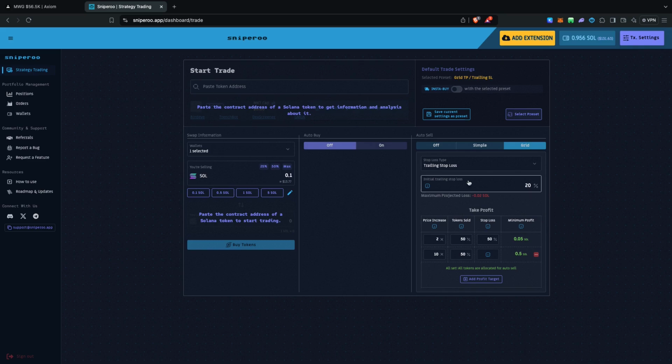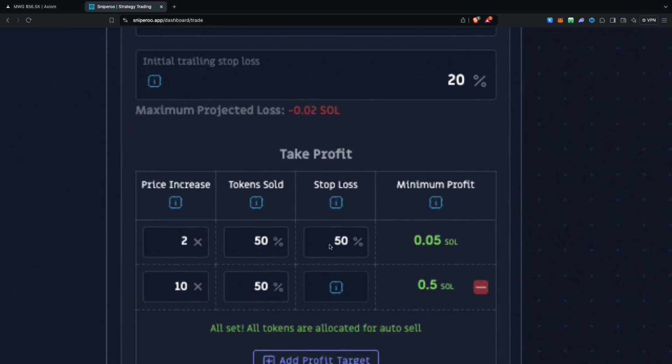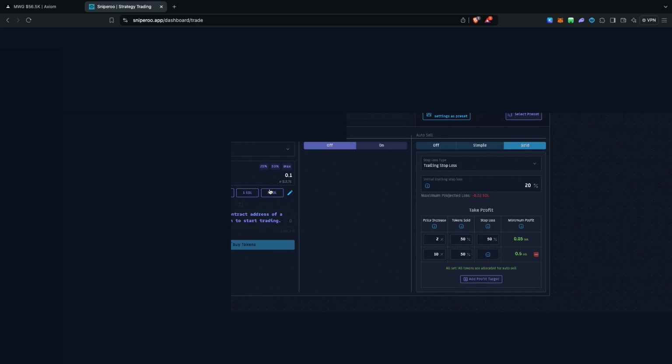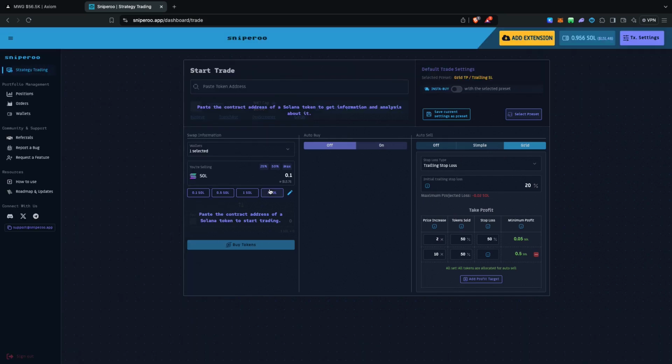So these things that I'm showing you right over here, the trailing stop loss, the stop loss, and also the profit target, are the things that are going to set you apart. Okay, so in order for you to become a profitable meme coin trader, it's about understanding the game.